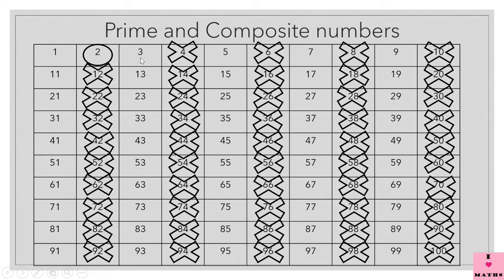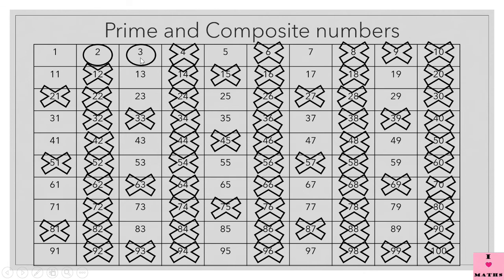Okay, now let me show you the next step. See children, 3 has been encircled and all the multiples of 3 have been crossed. 3 2s are 6, 3 3s are 9, 3 4s are 12, 3 5s are 15, 3 6s are 18, 3 7s are 21, 3 8s are 24, 3 9s are 27, 3 10s are 30, 3 11s are 33, 3 12s are 36, 3 13s are 39, and so on and so forth.